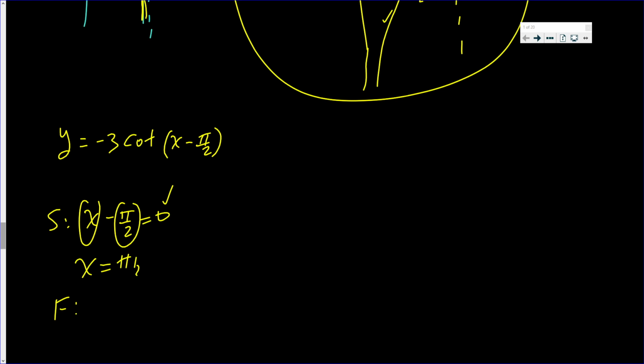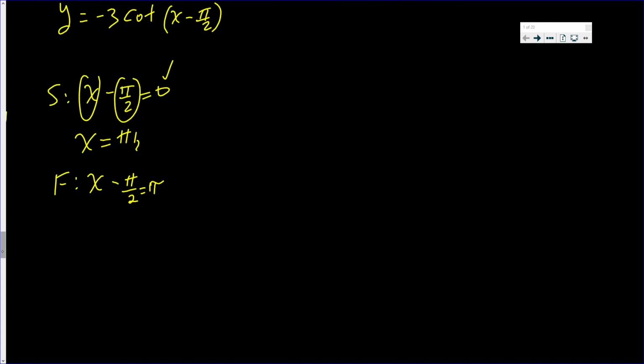And it finishes when the angle is equal to pi, which, by the way, is 2 pi over 2. So when you add pi over 2, you get that x is equal to 3 pi over 2.